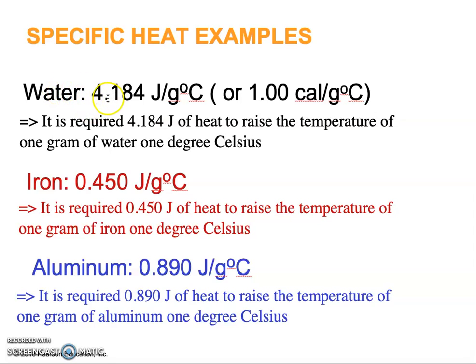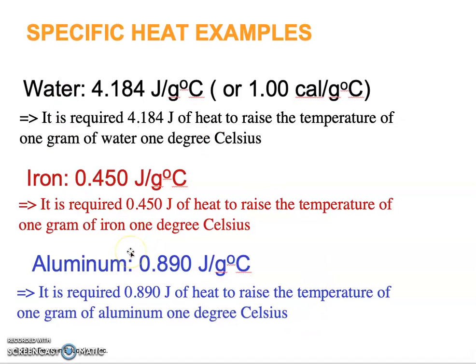For water, it's 4.184 joules per gram per degree Celsius. That means it requires 4.184 joules of heat to raise the temperature of 1 gram of water by 1 degree Celsius. Similarly for iron, it requires 0.450 joule of heat to raise the temperature of 1 gram of iron by 1 degree Celsius.